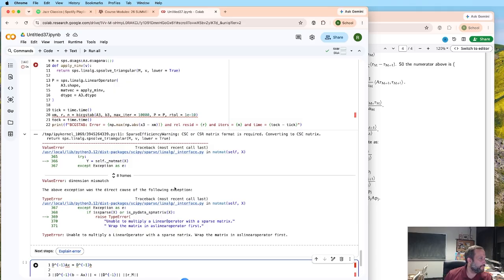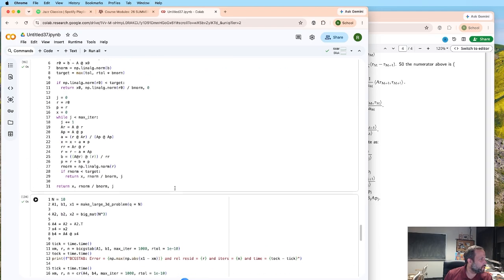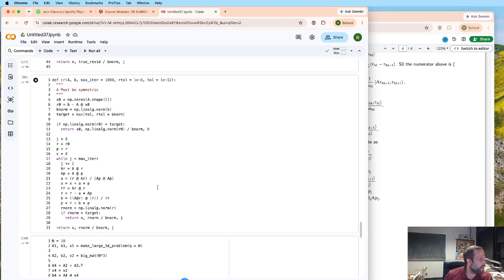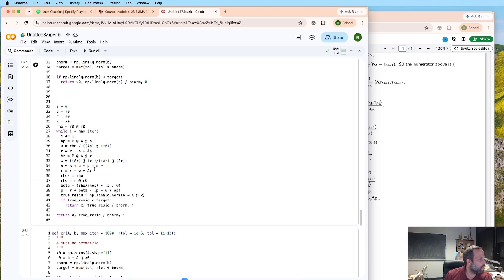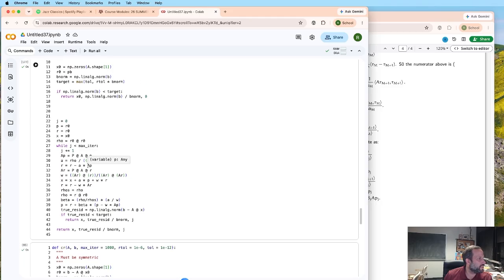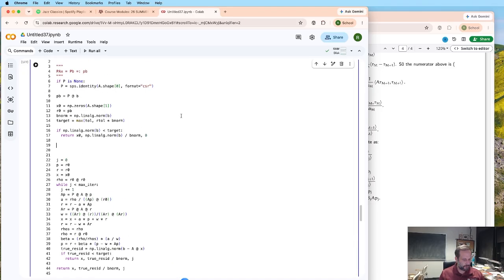Oh, sorry. When I do this composition up here, wait, in BiCGSTAB, when I do these compositions right here, yeah, A needs to be a linear operator as well.